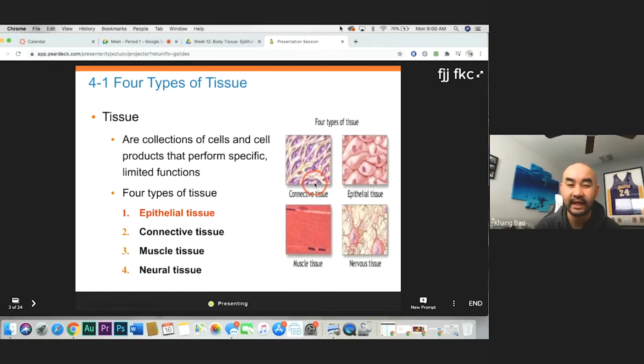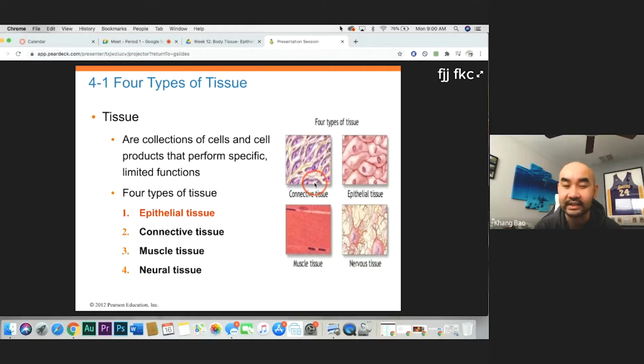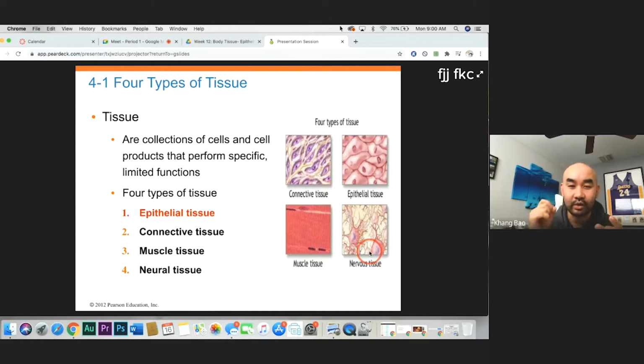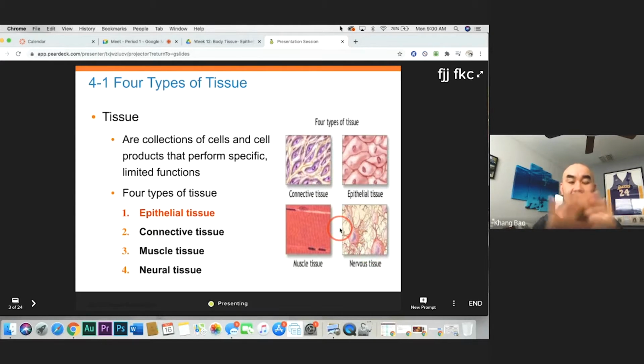Connective tissue will be kind of like your fat layers, your cartilage, and so on. And then you have muscle tissue that makes up your muscle. And then you have nervous tissue that makes up your nervous system, like your brain, your spinal cord, your other neurons, and so on. So for example, the heart would be a muscle tissue. The skin would be epithelial tissue. Fat, cartilage, tendon, that'll be your connective tissue. Make sense? So that's the only 4 tissues in our body.